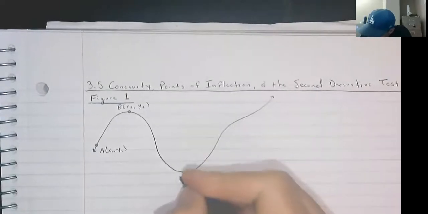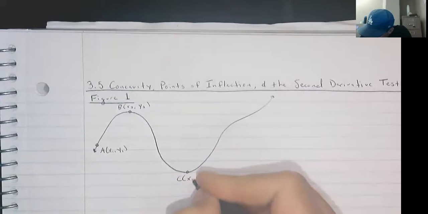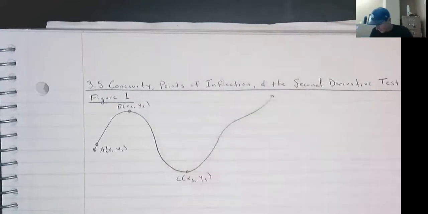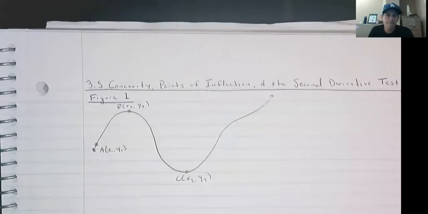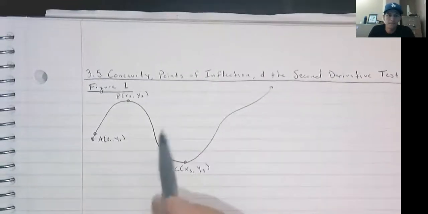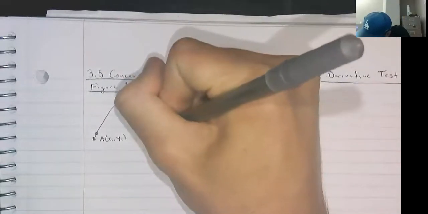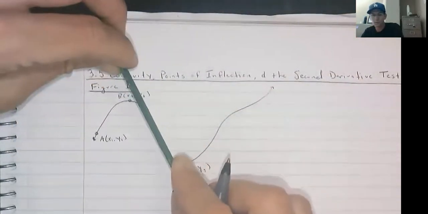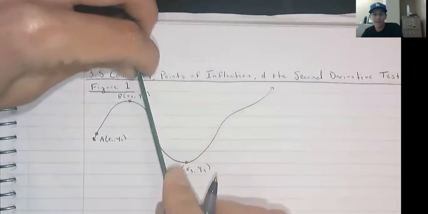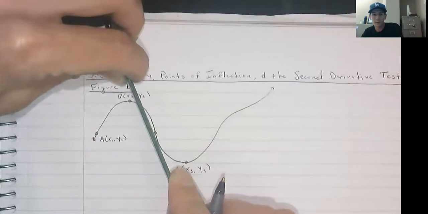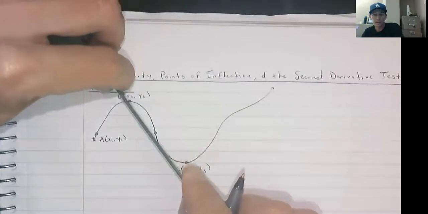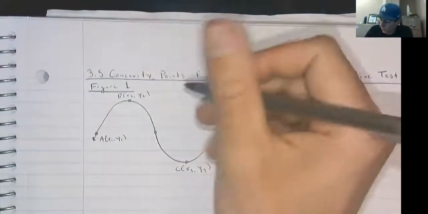So we'll call this C, x3, y3. And the important thing that's happening here, that's in our title, is that somewhere in here, at that point where we were still going clockwise, we were still decreasing, at that change point where we went from a negative second derivative to a positive second derivative, that's an important location.